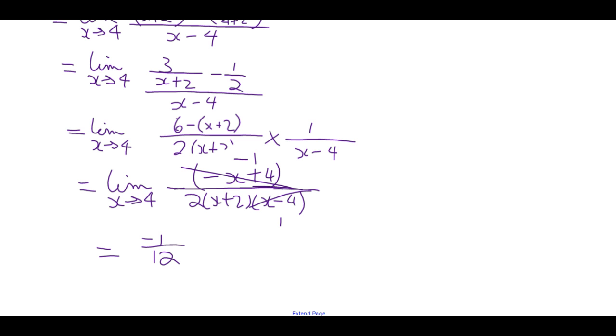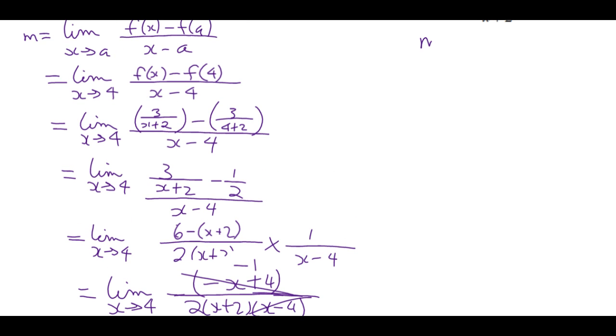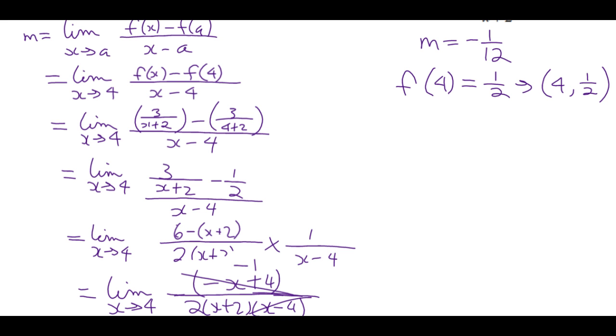Let's finish this off. Okay, what do we know? So we know that m is equal to negative 1/12. F of 4 is equal to 1/2, so we worked that out. That leads to the point (4, 1/2).